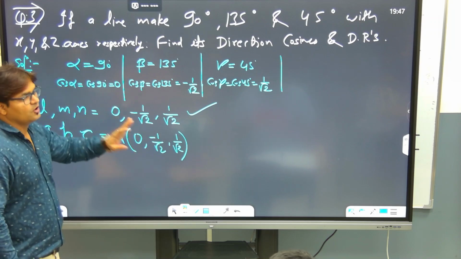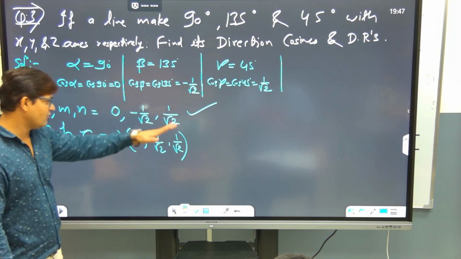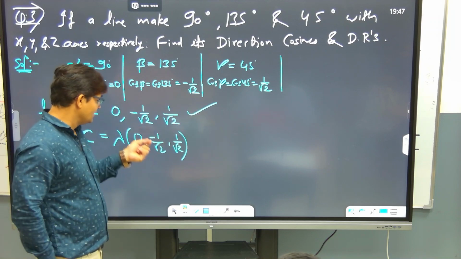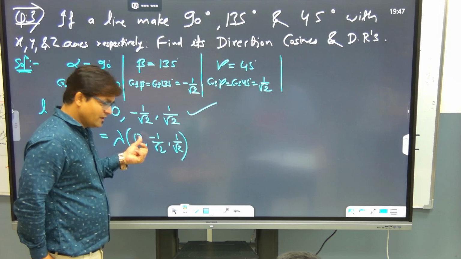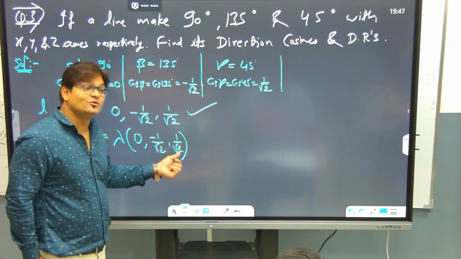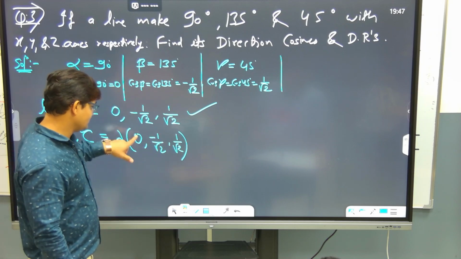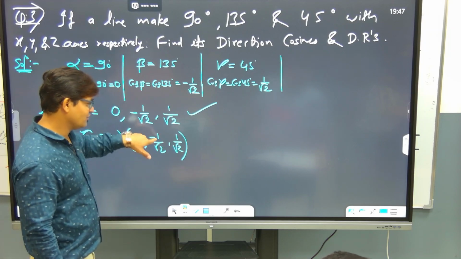That is our answer. Or, if we have options, then check which option matches this value. One value is 0 definitely. If I multiply by root 2, then 0 into root 2 is 0, the root 2 cancels out, giving minus 1 and plus 1.